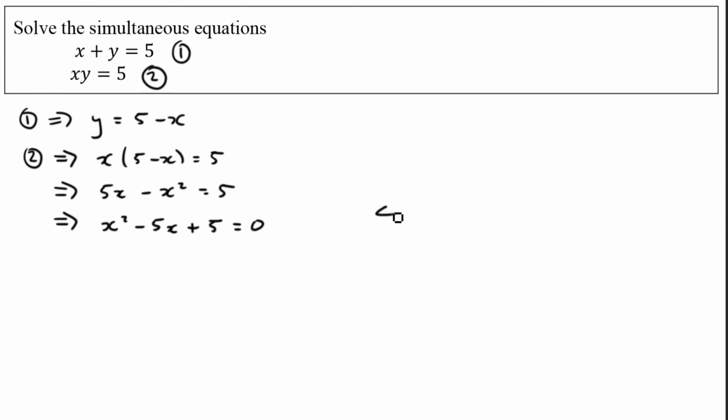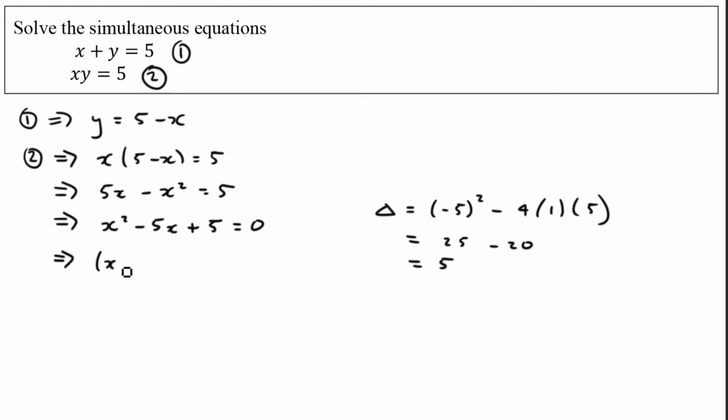Oh, can't see any obvious way to factorize that. In fact, let's just check. The discriminant in this case is -5 squared subtract 4 times 1 times 5. It is 25 subtract 20, which is 5. So no, 5 isn't a square number. We're not going to be able to factorize that. Let's solve it by completing the square.